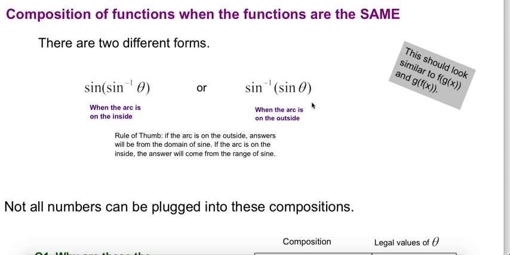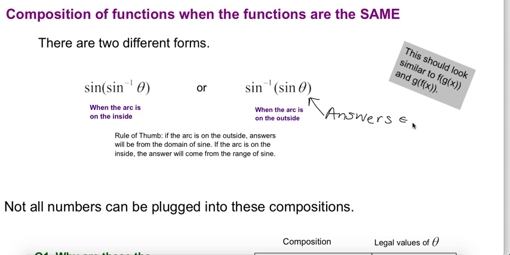The general rule of thumb when dealing with composite functions where the trig function is the same: the answers, when the arc is on the outside, come from the domain of sine, right? So your answers are going to be angle measurements, right? They're going to be pi over 2, pi over 4, right? That little sign just means it's an element of.